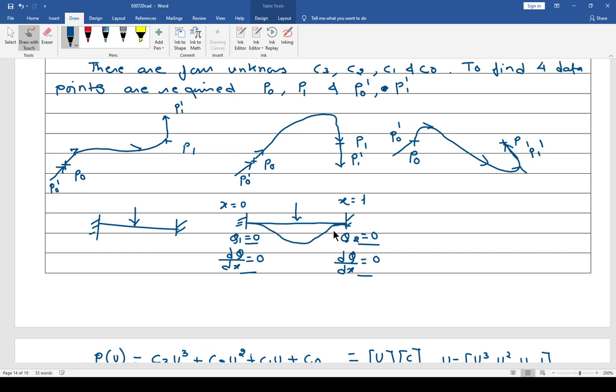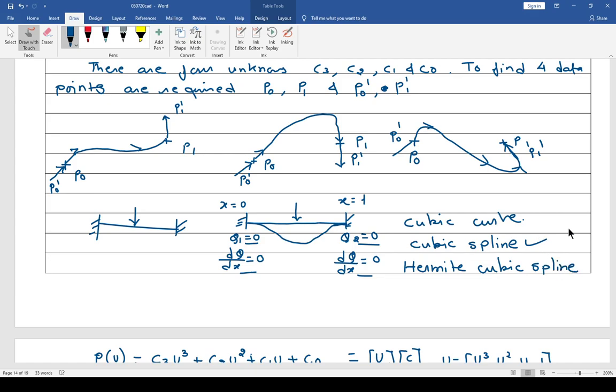Whatever this curve represents is a cubic curve, and therefore sometimes it is also referred to as a cubic spline. If the word Hermite is missing, you can also call it a cubic spline, or a Hermite cubic spline.